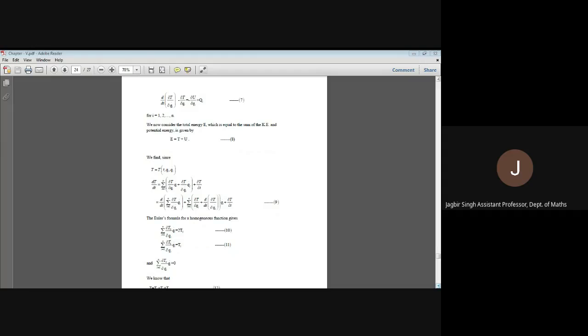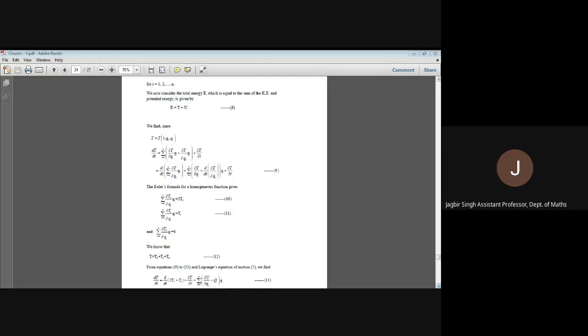Now all of you know that in the previous example we discussed that T is equal to T2 plus T1 plus T0. Replace this value of T into the first term of equation number 9.